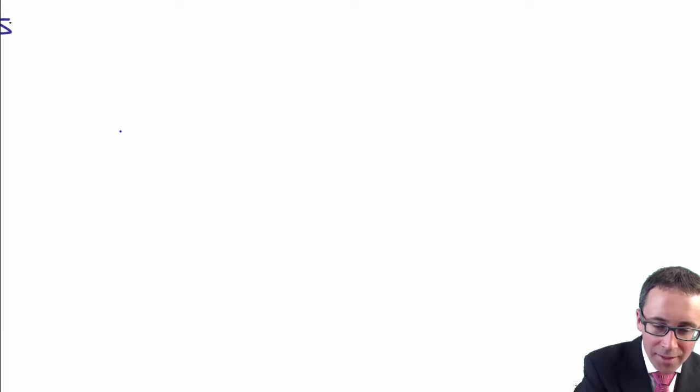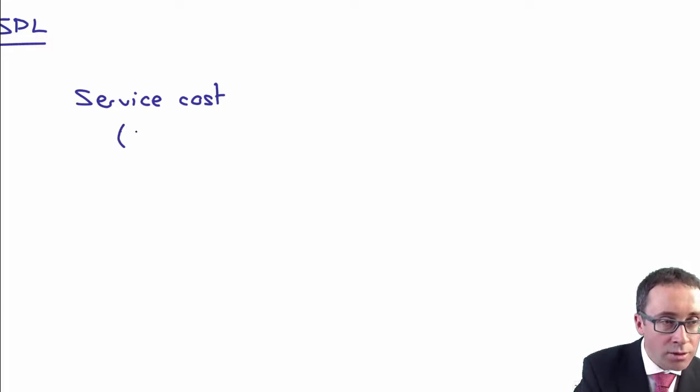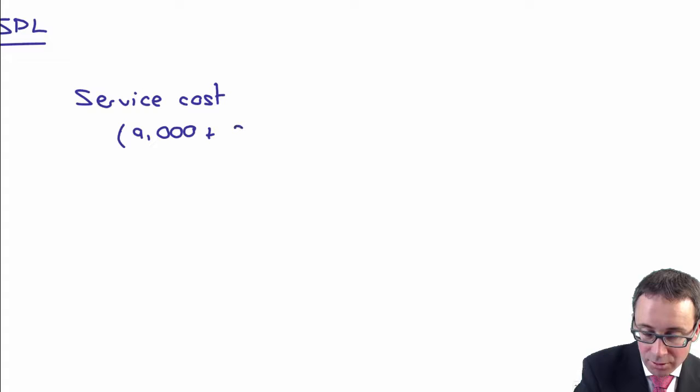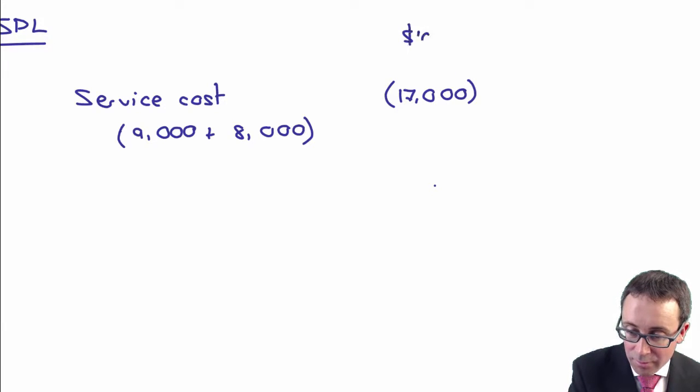So what you've then got is a statement of profit or loss, isn't it? So you've got your service costs. Is that your past and current? Current was 9 million, so we'll keep it in thousands. Past was 8, wasn't it? So is it 17,000?